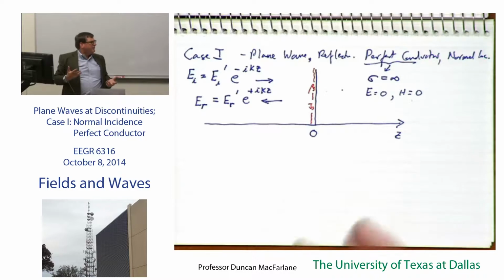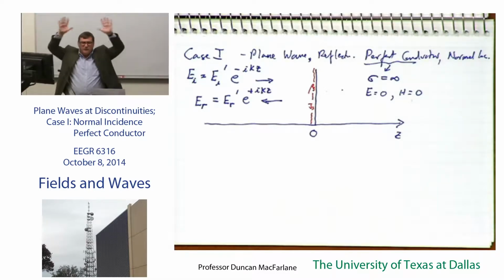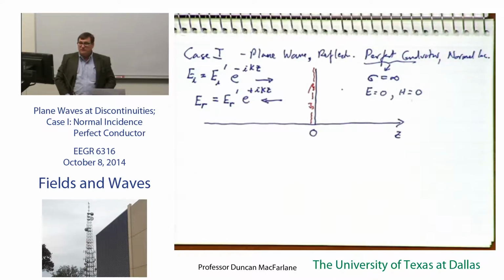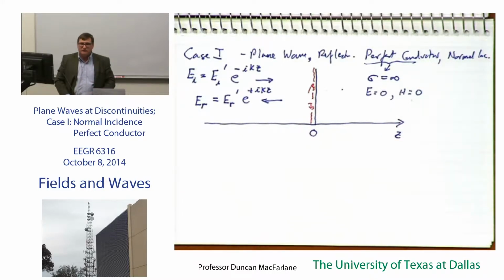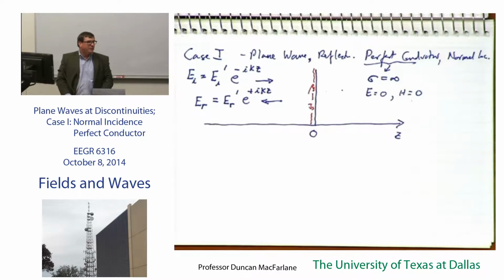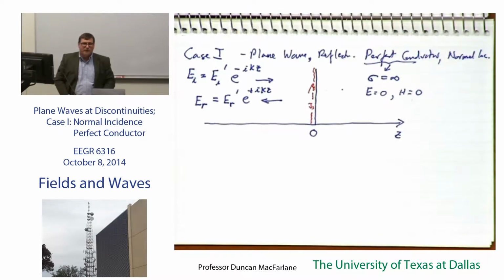And so there seems to be a really nice match between the phase front of the plane wave and the boundary of the discontinuity. And that's not an accident in this sort of toy problem. And furthermore, if the plane wave has an edge, or the metal surface has an edge, which it most assuredly will, we're not going to treat what happens at that edge. We're going to be far away from that edge.